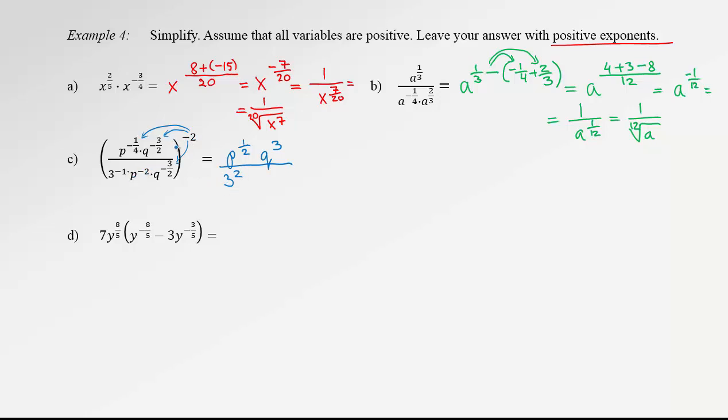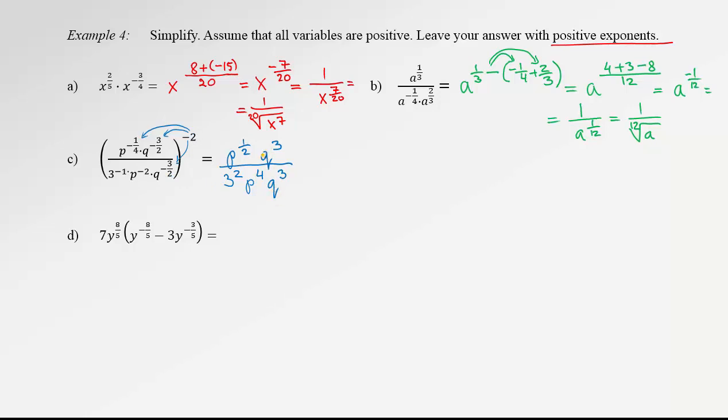P to the negative 2 times another negative 2, that becomes p to the 4, and q to the negative 3/2 times negative 2, that becomes positive, and the 2 is cancelled, so it's just 3. That makes it a lot simpler, isn't it?